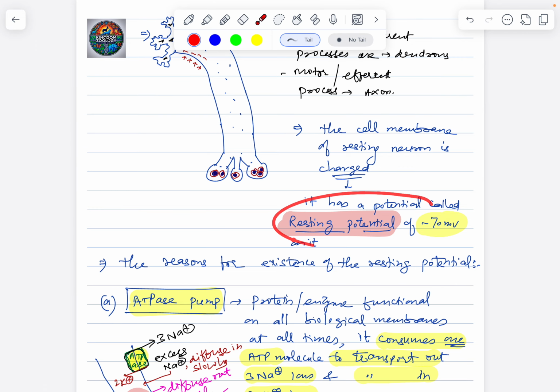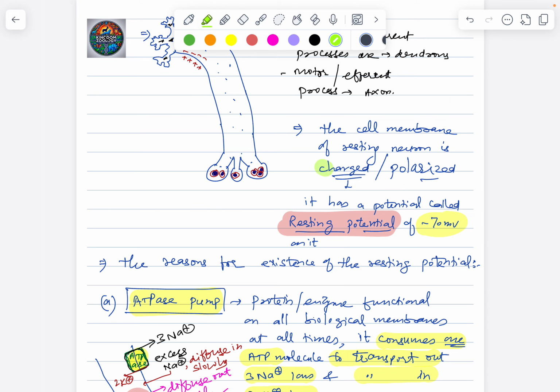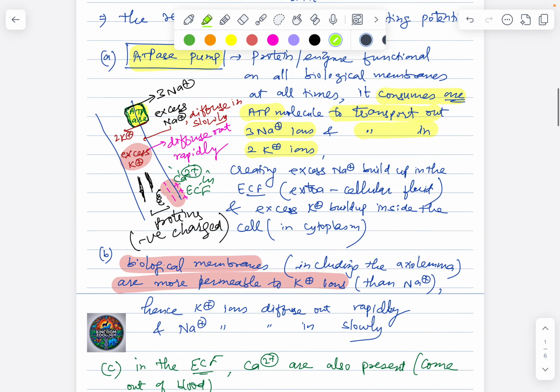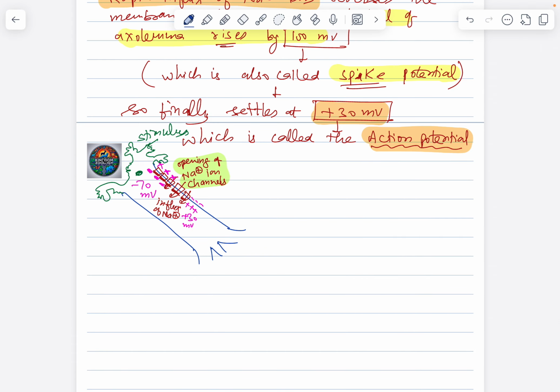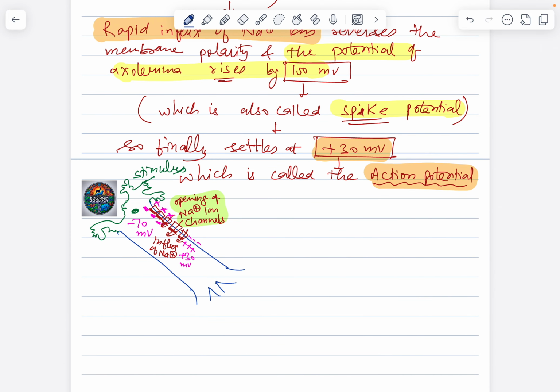It is charged, and the other term I can use for charged is polarized. The resting membrane or the cell membrane of a resting neuron is charged or polarized with a resting potential of how much? -70 millivolt. Now what happened? The stimulus was collected, the sodium ion channels opened, and sodium ions entered in such large numbers that the potential inside rose from -70 to +30. The original potential was -70, the resting potential; the new potential is +30, the action potential.